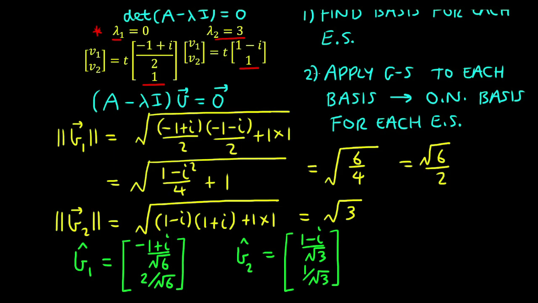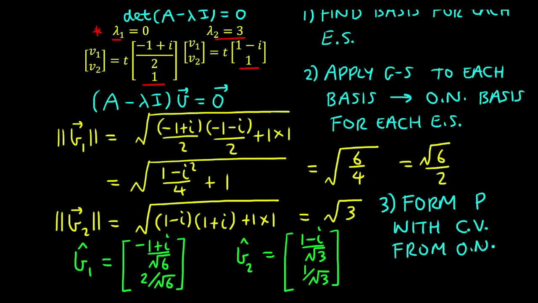And in the final step, we form the unitary matrix P with its column vectors from the orthonormal basis vectors obtained from the previous step.